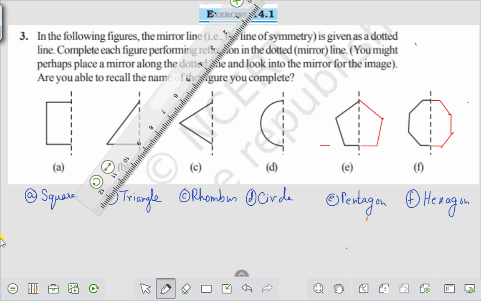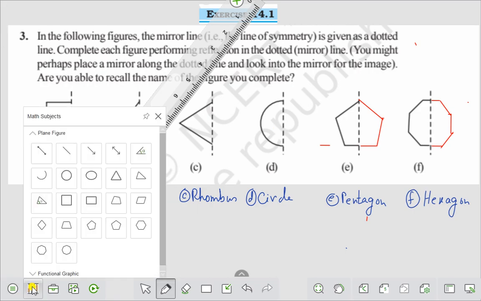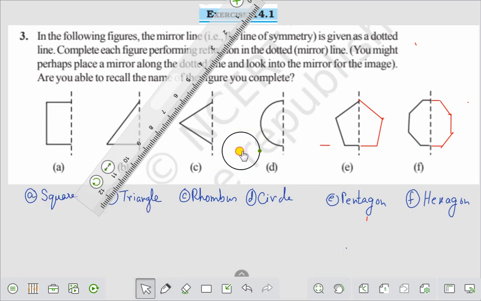We can make the circles once again. Here we are finding this is a circle. Let us make the circle once again. Let us take this circle. Let me point this circle here. I have increased the size.